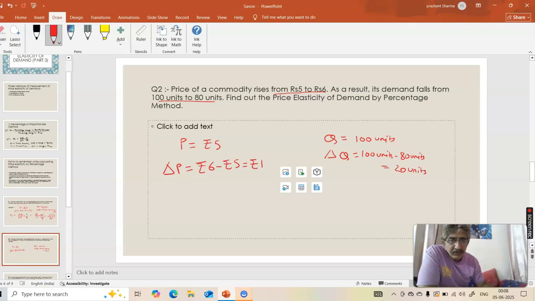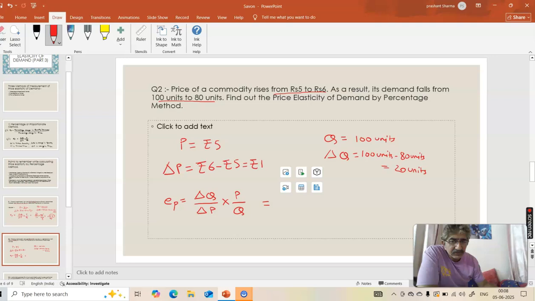Now we need to calculate price elasticity of demand by the percentage method. Apply the formula. EP is price elasticity: change in quantity upon change in price into original price upon original quantity.